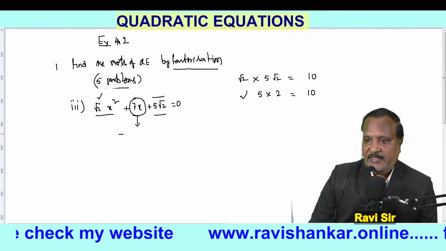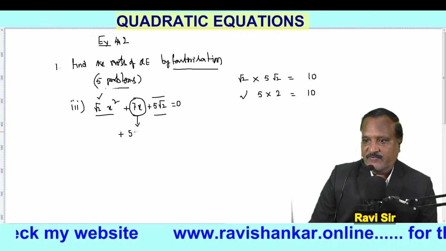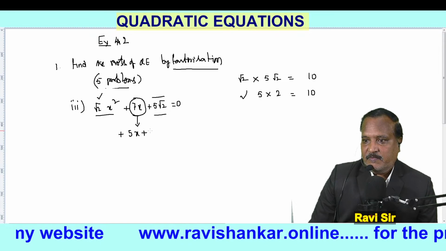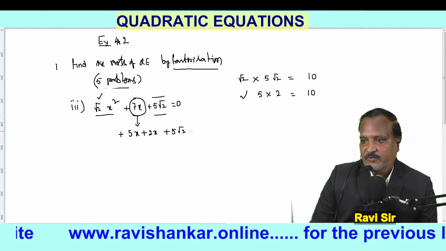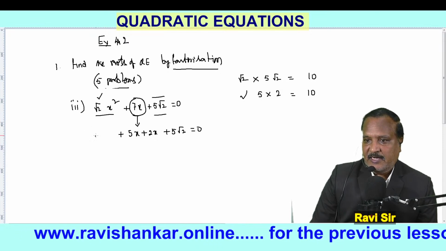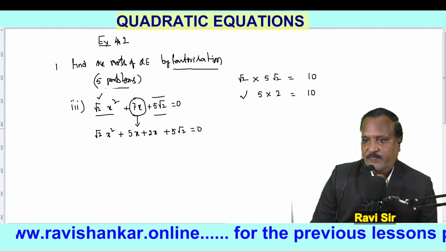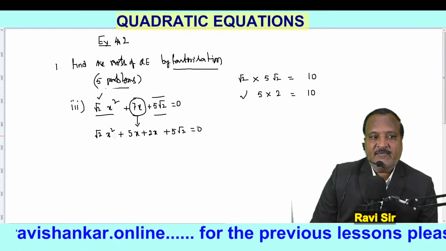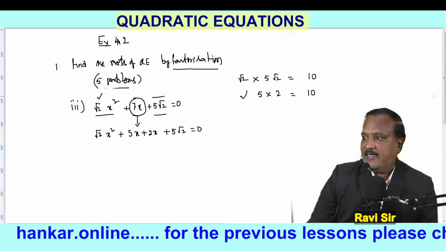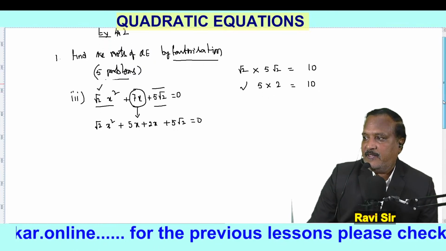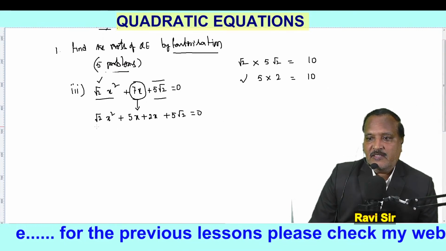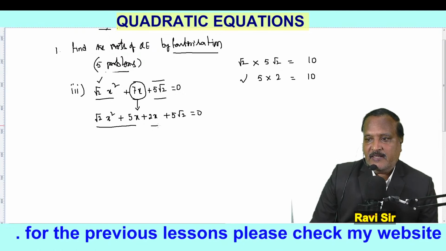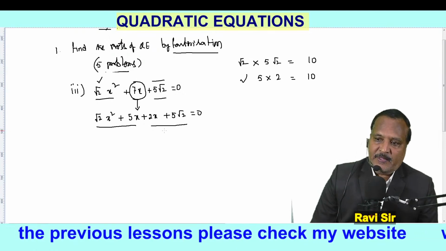So we can split 7x as 5x plus 2x plus 5 root 2 is equal to 0. Let me write the first term also. So the splitting of the middle term is done. Then, as usual, the first two terms form one pair and the last two terms form another pair.